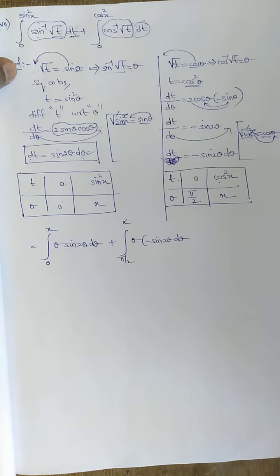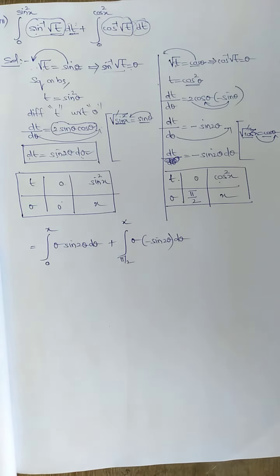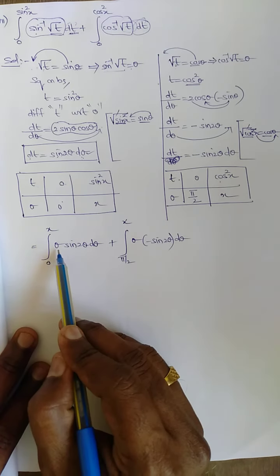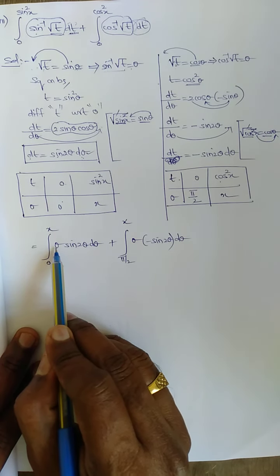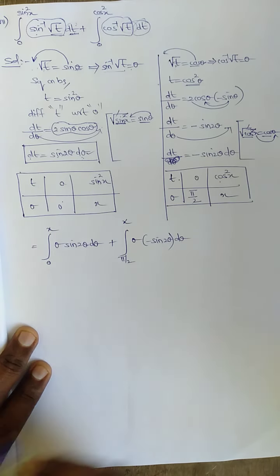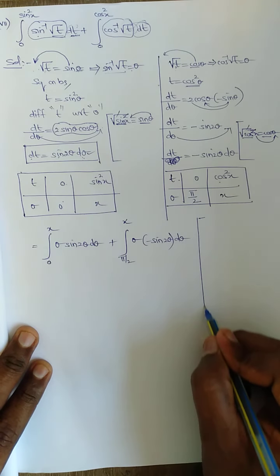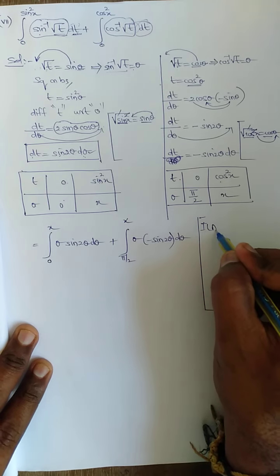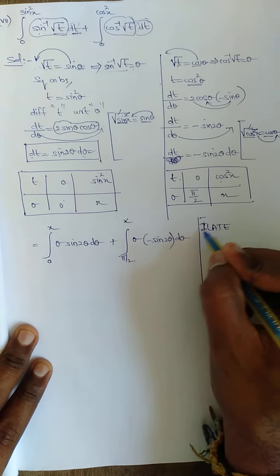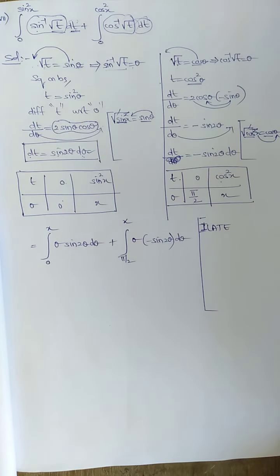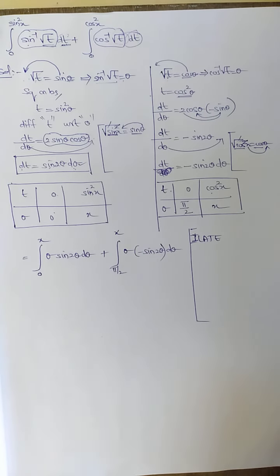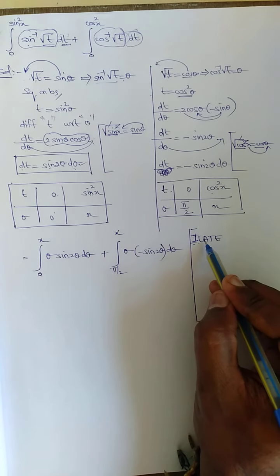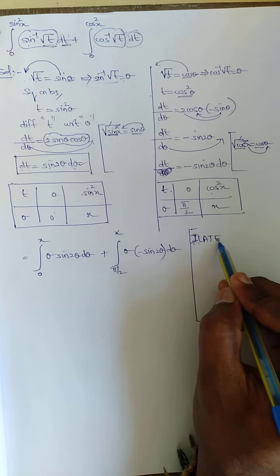See, the sum is not over yet. Next I need to integrate theta and sine 2 theta. How am I going to integrate? Using ILATE. This you studied in your 11th standard, ILATE. This is inverse, log, algebra, trigonometry, exponent.